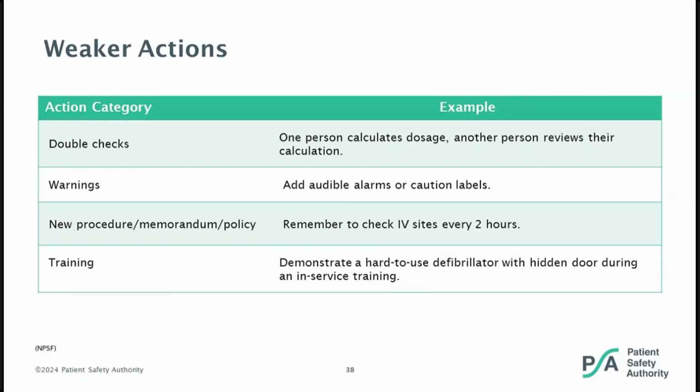Yes, there are going to be some that are going to read and do the right thing, but then again, it's very simple to train, to say that we train. Warnings, audible alarms, things that can actually be silenced. One person calculating dosage. So those are the types of things we'd look at as weaker actions.